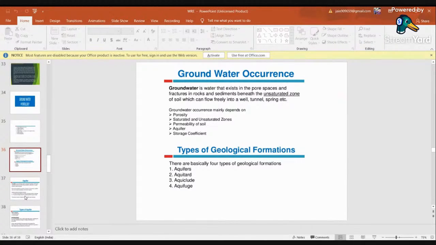So there are types of geological formations which we should know, and these are termed as aquifers. So what are aquifers? In order to understand the groundwater potential in any area and to evaluate the impact of pumping groundwater, we should know the aquifer capacity or the geological formation.